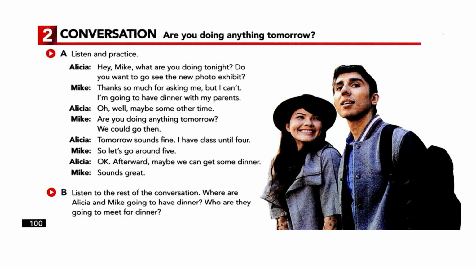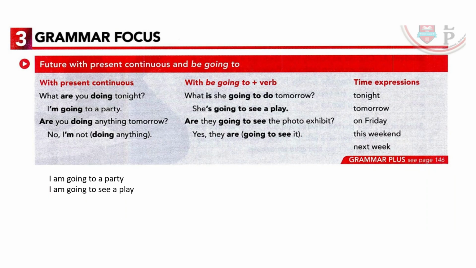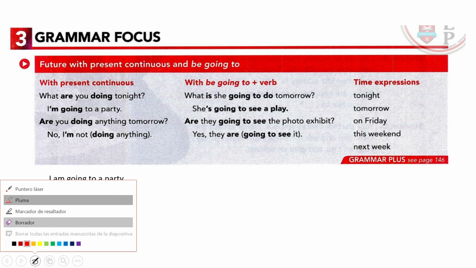Okay, so let's see. The first topic is present continuous and be going to, and some time expressions that are important. So let's start with the basics. Here we have two sentences, right?